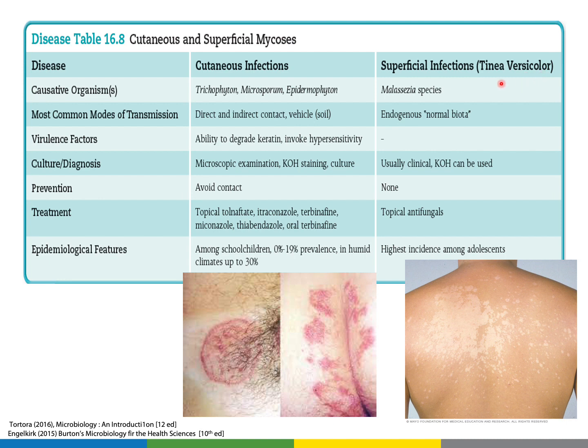What we commonly see is the tinea versicolor, or in layman's terms we call this an-an. So this is caused by Malassezia, particularly Malassezia furfur. So tinea versicolor is caused by yeast of the genus Malassezia.